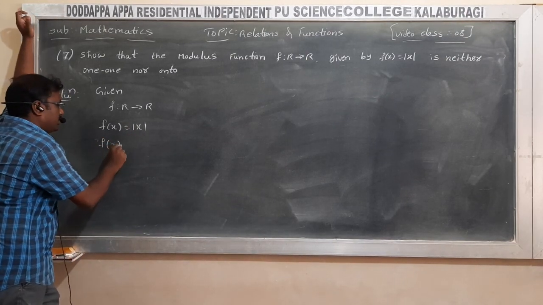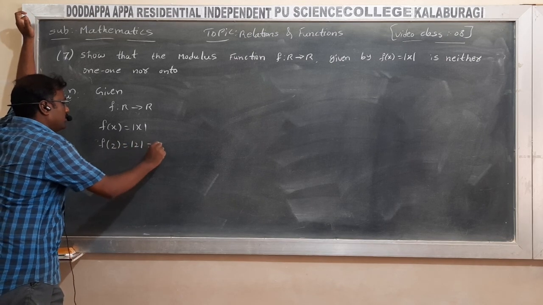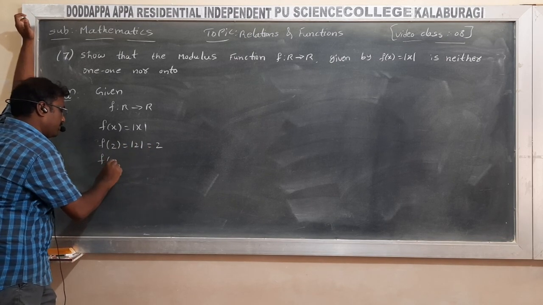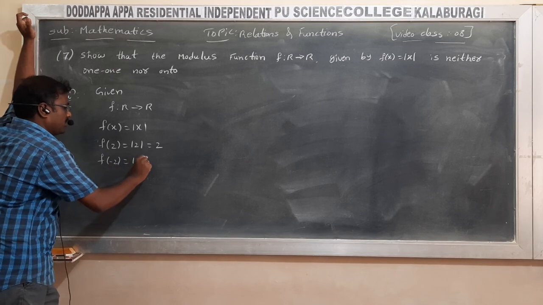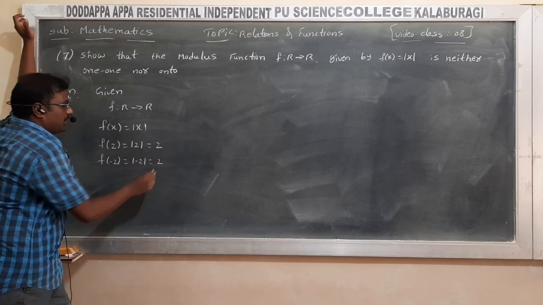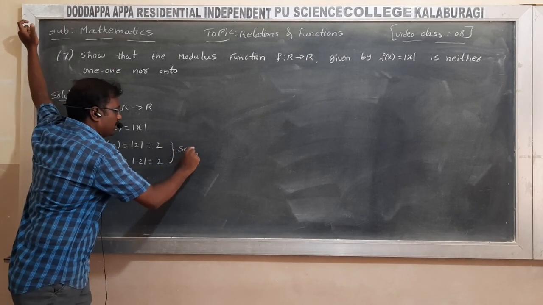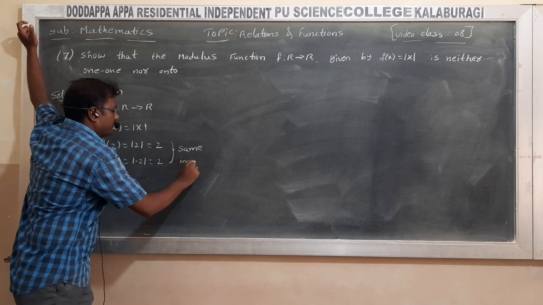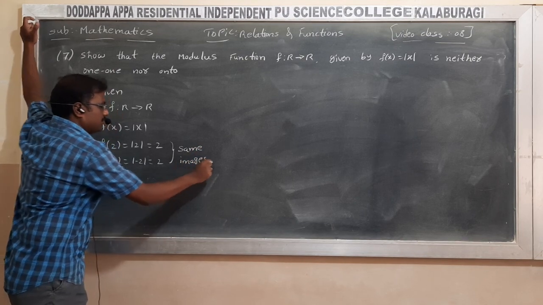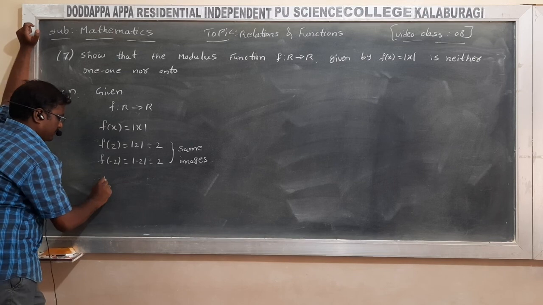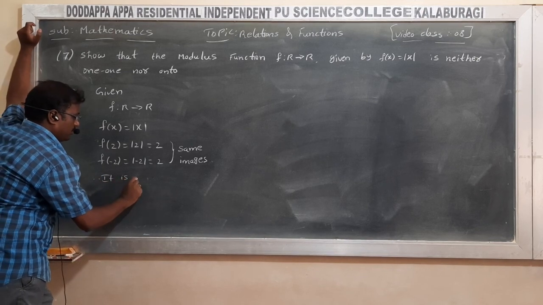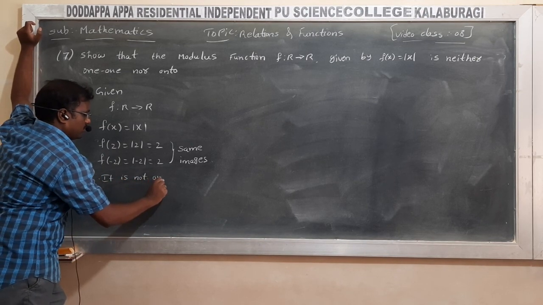If you take 2, we get 2 only. If you take minus 2, we get again plus 2 only. So same images, right? Therefore, it is not one-one.